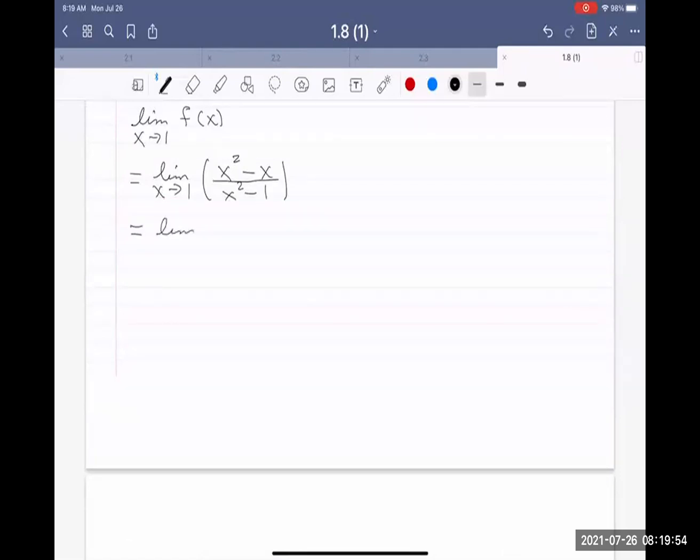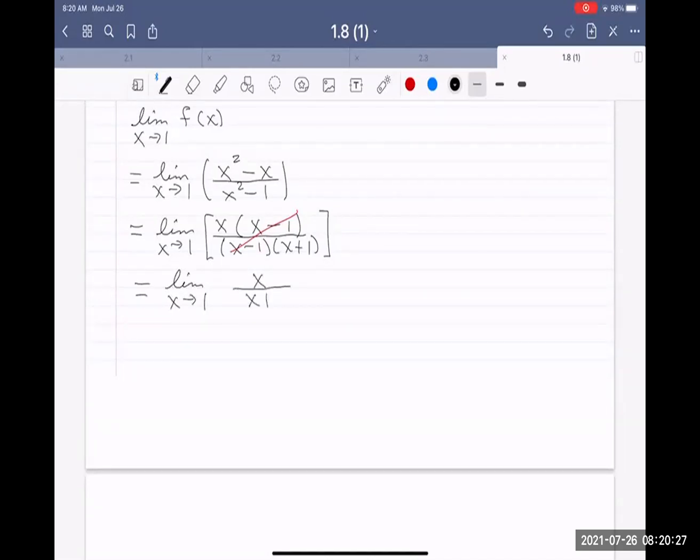So let's do the limit as x approaches 1. Factor out an x. What remains is x minus 1. I have a difference of squares in the denominator, so factor: x minus 1, x plus 1. Well, the x minus 1's cancel. So this is equal to the limit as x approaches 1 of x over x plus 1.